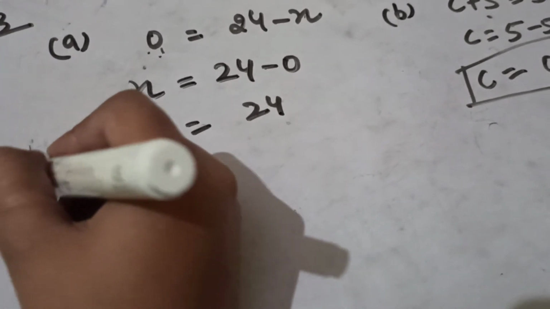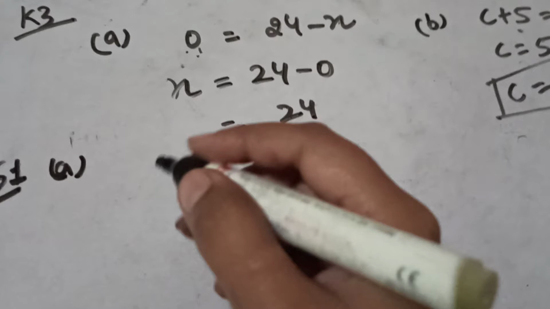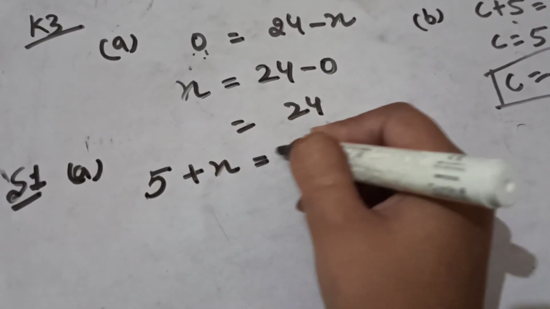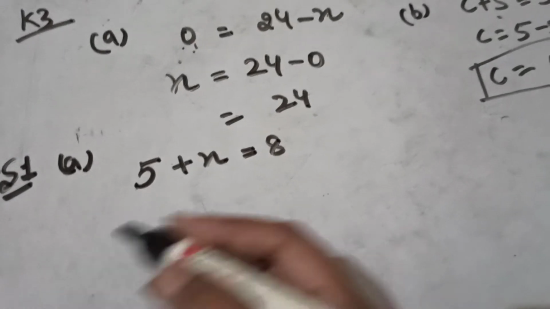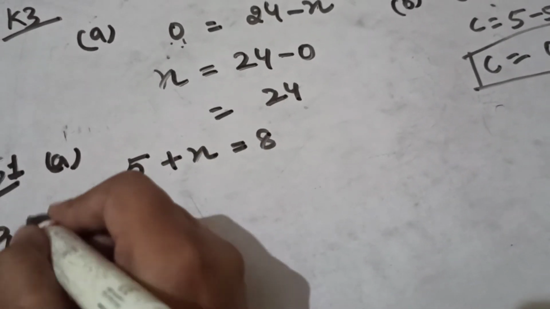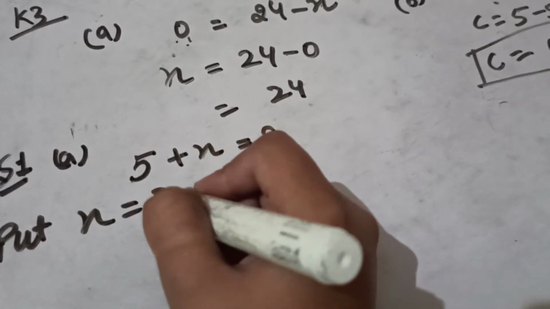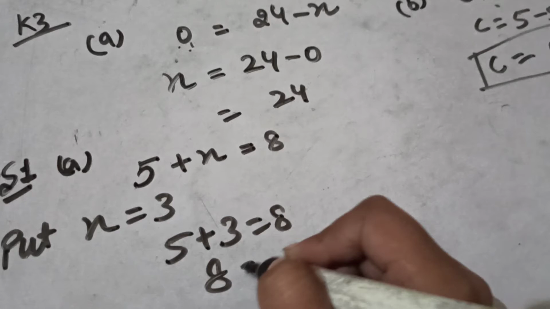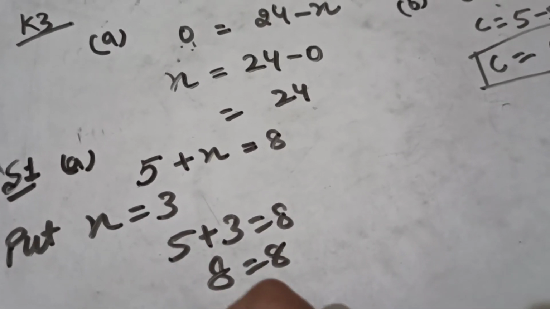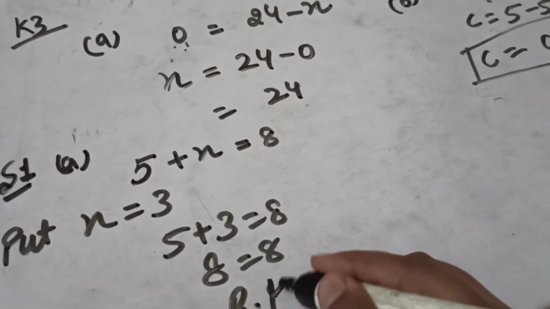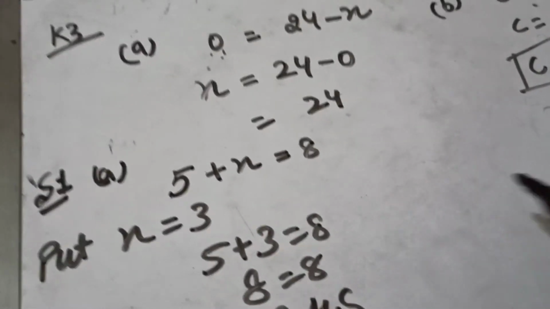First one is 5 added to a number. 5 plus x equals 8. So directly if I add 3 to 5, it means we put x equals 3. 5 plus 3 equals 8, 8 and 8. So here left hand side equals right hand side. So the solution of this is 3.